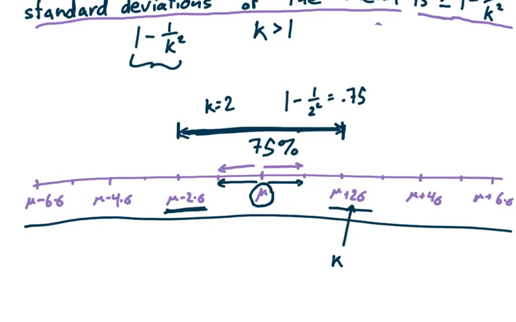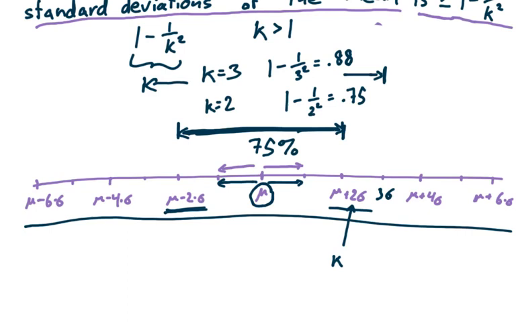If we go all the way out to 3 standard deviations here, I didn't mark it, but that would be 3 extra copies of sigma added on. And to this side here as well, extending above and also below by 3 copies of the standard deviation, that produces a value of approximately 88.9.